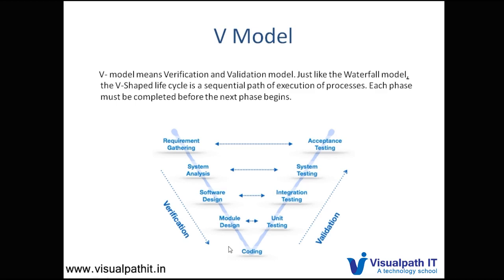It is also a sequential process. First all the development will happen, requirement gathering, analysis, software design, module design, coding, then the testing will start. So it will go in this sequence. The only difference from the waterfall model is that here we are having different testing phases, just to make sure that no defect goes to prod.